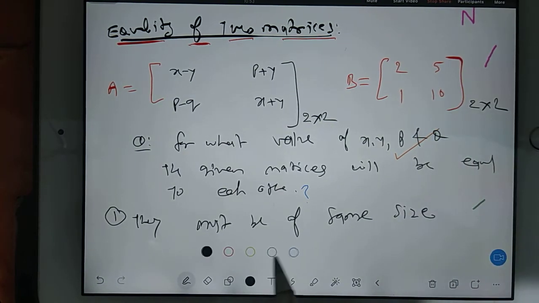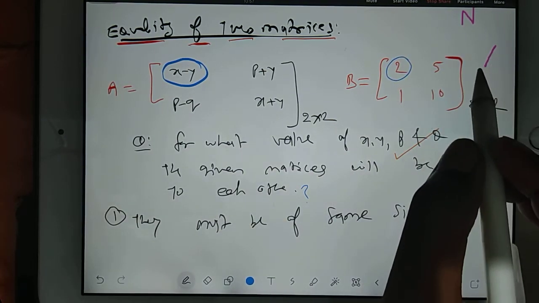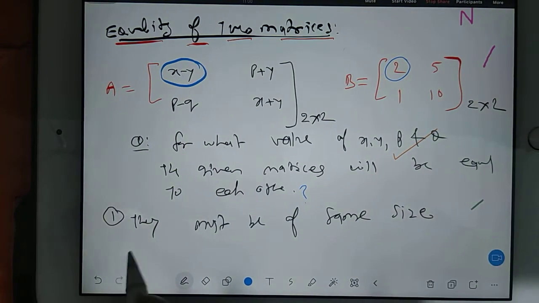And next, if the matrices are equal, then the elements of the respective positions will be equal. So how will you mention that?